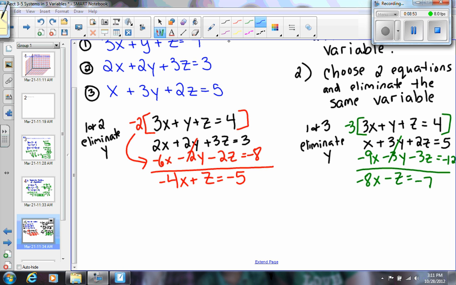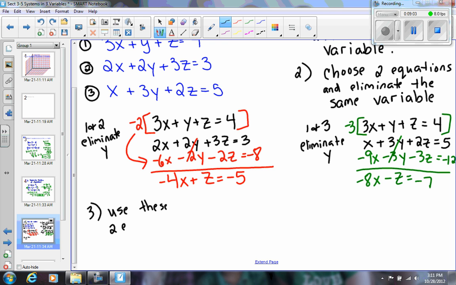So I guess this would be my third strategy. So I'm going to use these 2 equations and eliminate a variable.